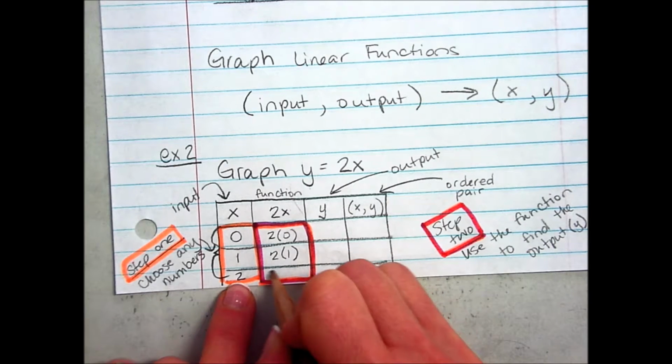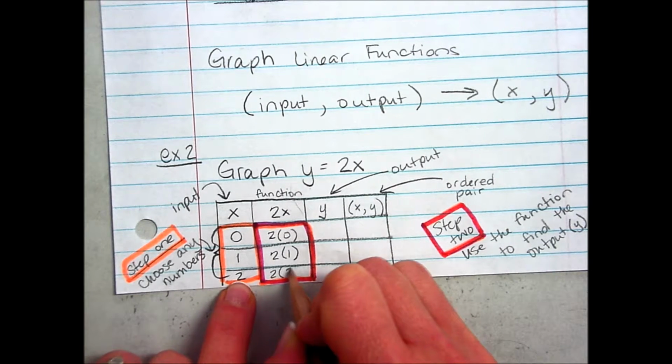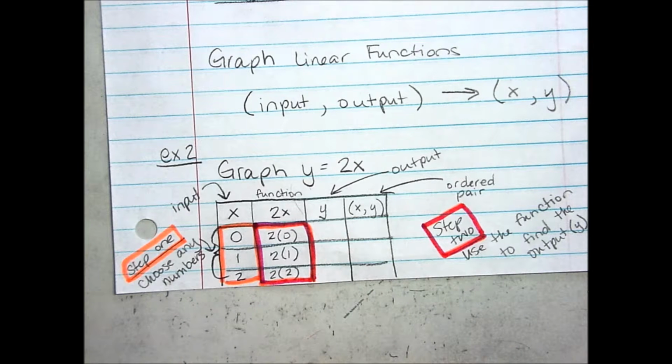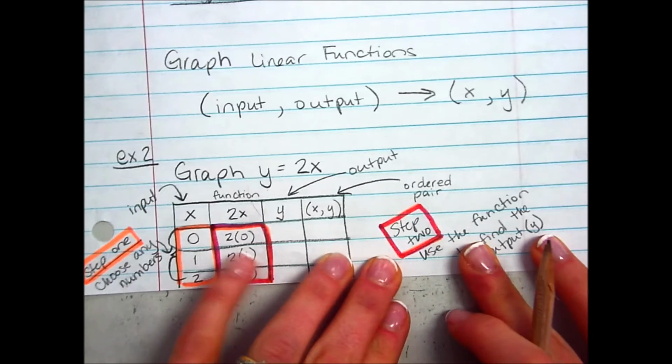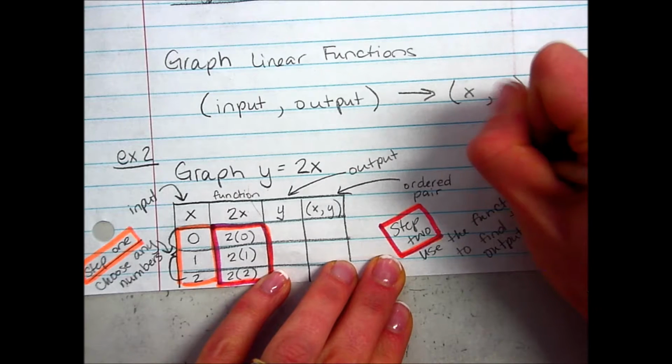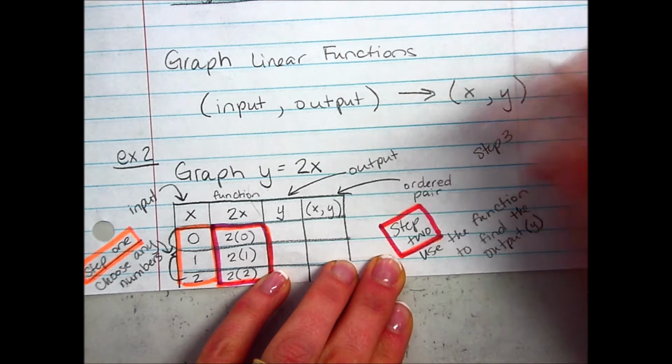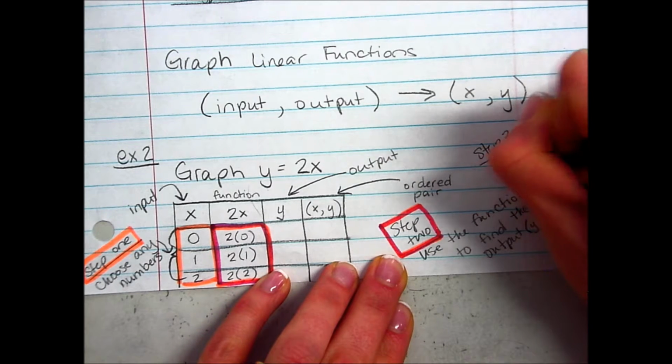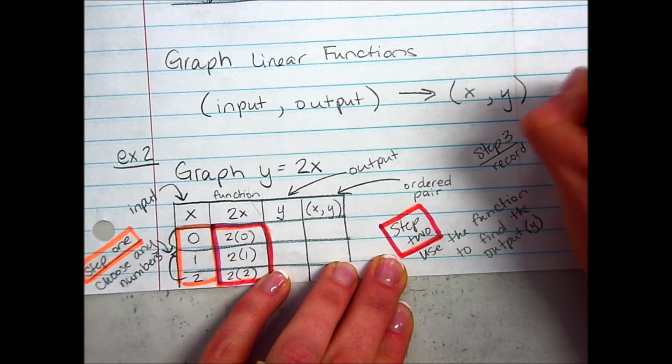And this one will be 2 times x if x is 2. Step 3, record output.